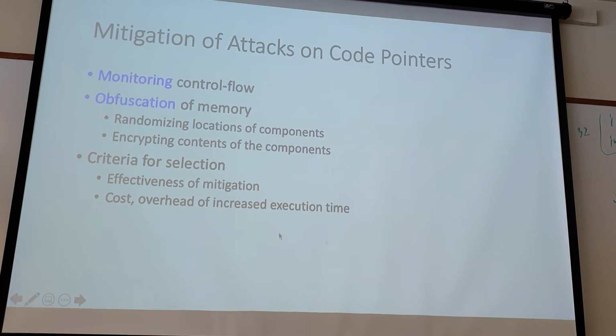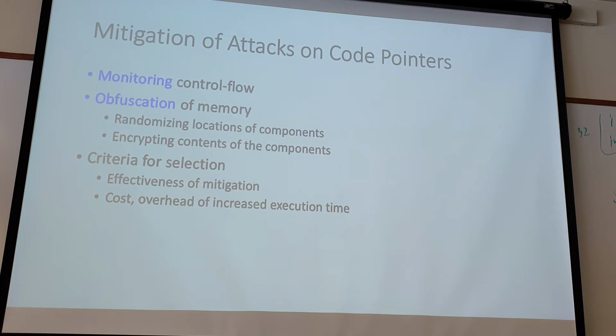I noticed that in the C programming community, even though a mitigation strategy is really good, if it takes too much time, people are not willing to adopt the protection scheme. So it's really important to make a balance between effectiveness and cost.